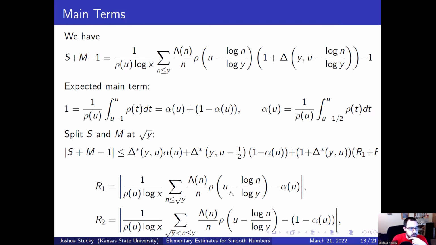We expect this to be a main term well approximated by alpha, and this a main term well approximated by 1 minus alpha. These are what you use the prime number theorem for. So I'm not going to go through the technical calculation. It's actually not that long, but nevertheless, I don't really want to do it.